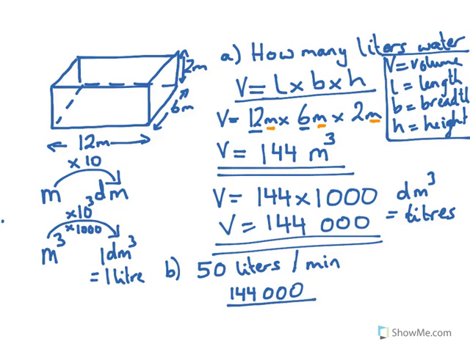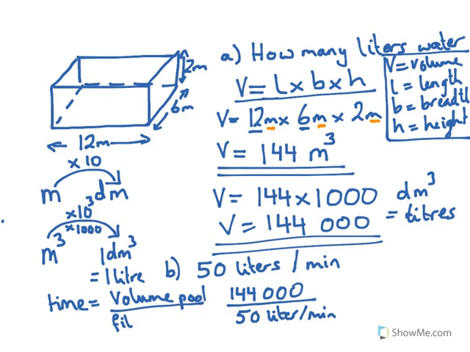If we divide that by 50 litres per minute. So the way that we're going to get time, if we look at our formula here that we're going to use, we're going to take the volume of the pool divided by the filling rate.